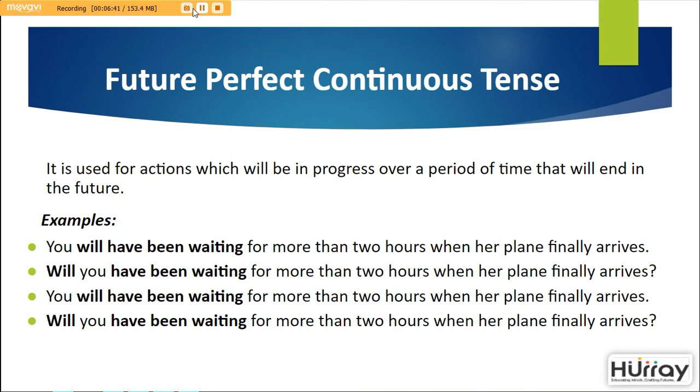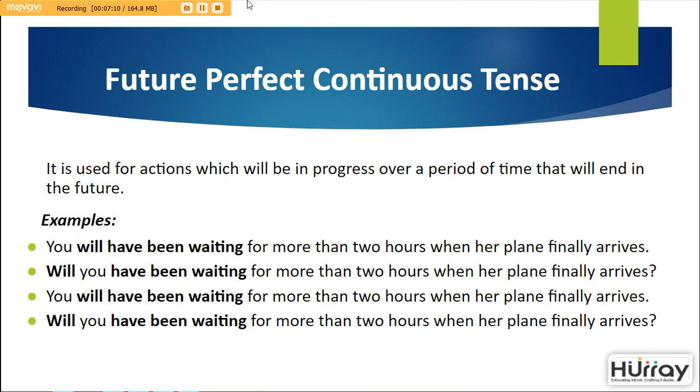But the phrase will have been waiting indicates an action which will be taking place over that particular period. Similarly, if you were to turn it into a question, this is how it will sound: Will you have been waiting for more than 2 hours when her plane finally arrives? These two phrases denote the future perfect continuous tense.